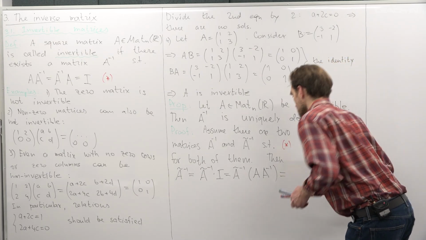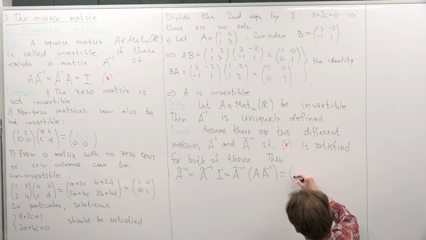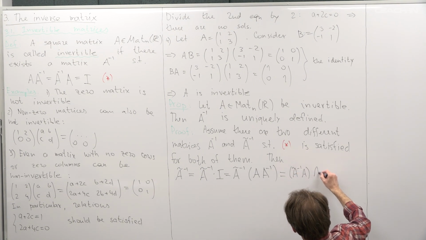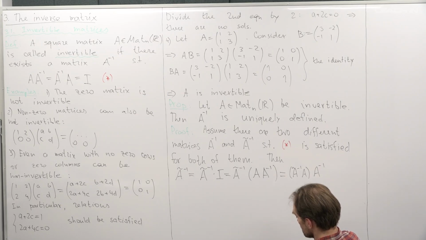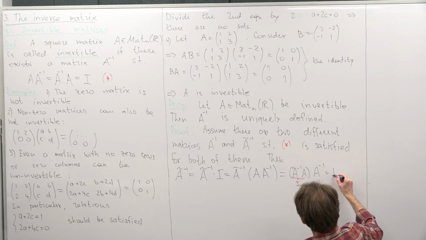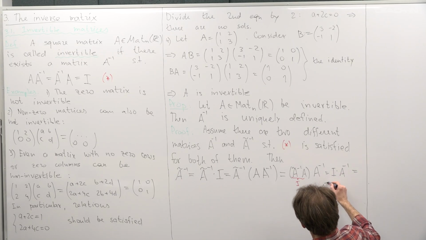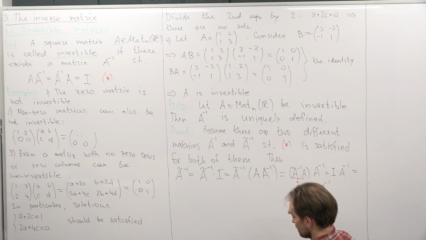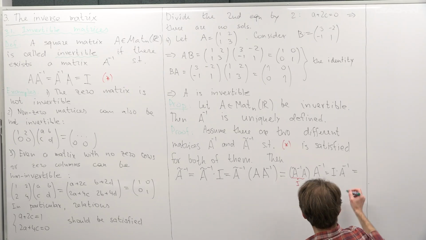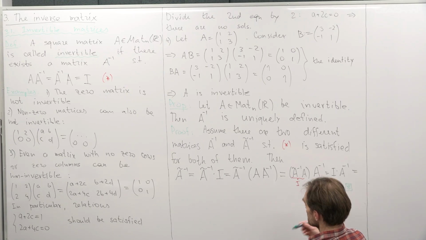Then I'm using the associativity property, so this is A tilde to the minus 1 multiplied by A multiplied by A to the minus 1, and according to the definition of A tilde to the minus 1, this is the identity, so we get the identity matrix multiplied by A to the minus 1, which is just A to the minus 1. And so we come to the conclusion that A tilde to the minus 1 equals A to the minus 1. So this proves our proposition.